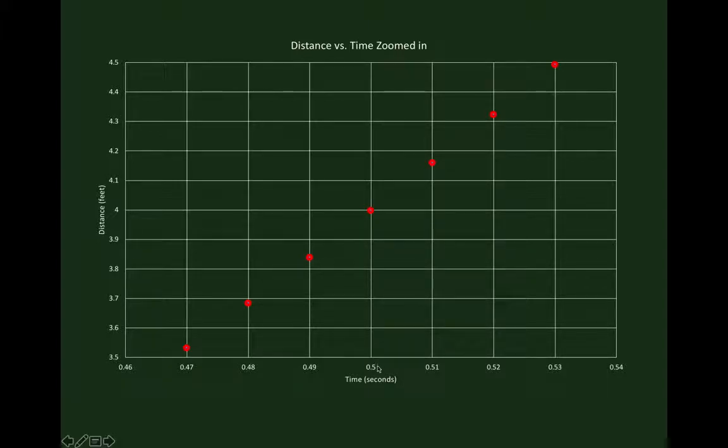This is zoomed in on the same graph, and now we're going every hundredth of a second. And notice, as we zoom in here, remember we're looking for the speed right at half a second into the ball's fall.